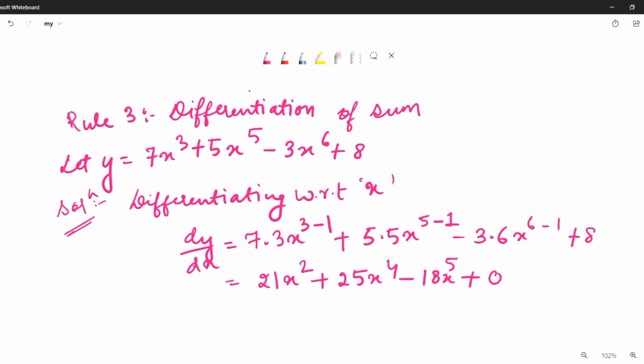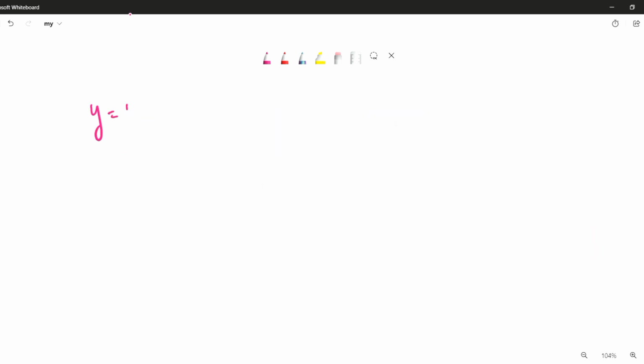Now let's take another example. Let y equals 5x to the power 3 minus 2x to the power minus 2 plus 3x to the power minus 3 plus 5.